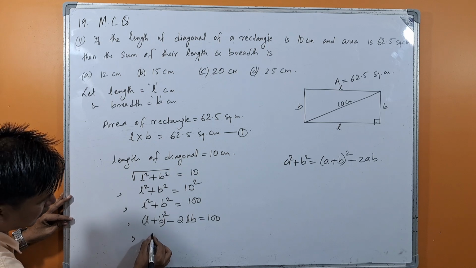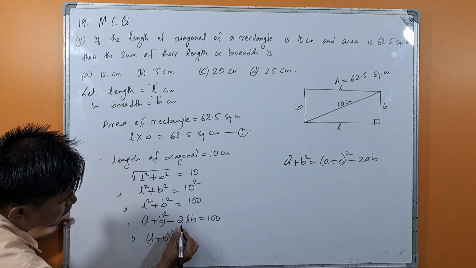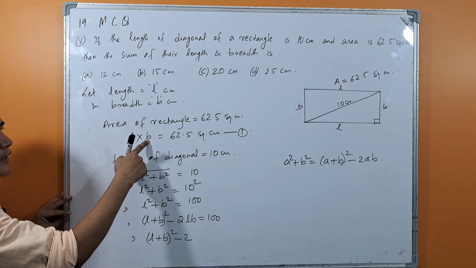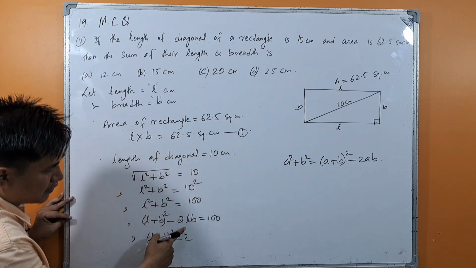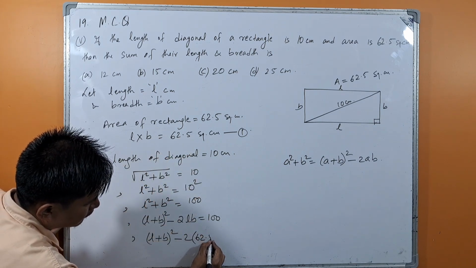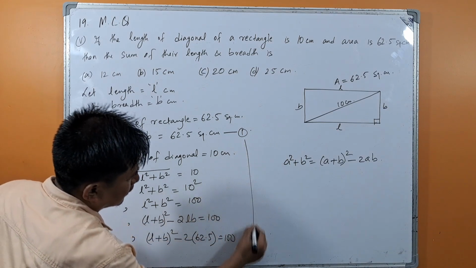Or L plus B whole square minus 2 into LB. LB is L into B, that is 62.5, equal to 100.